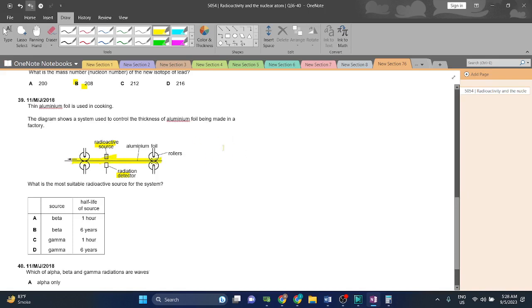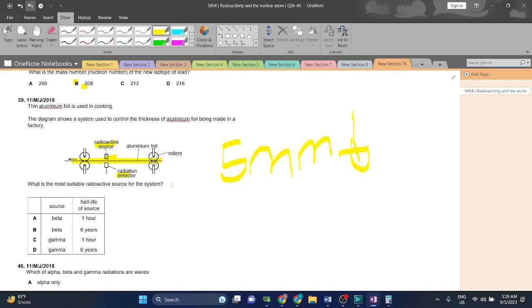If the thickness is less than 5 millimeters, what will happen is that the radiation detector will detect the radiation and it will send an alarm, right? So since we have to ensure that the thickness of the aluminium is uniform, we have to place a detector and a radioactive source above the detector.